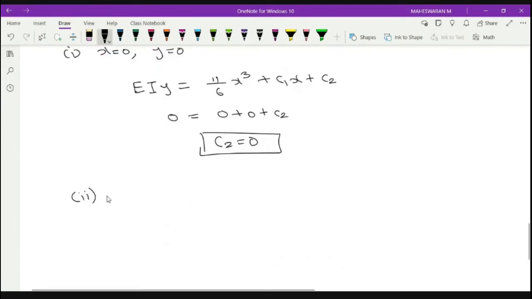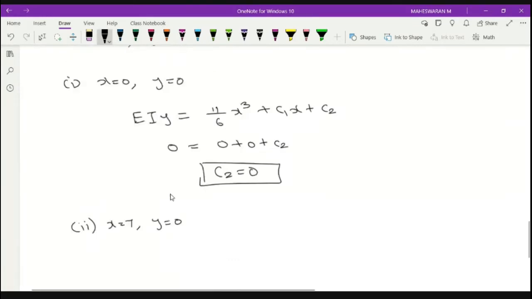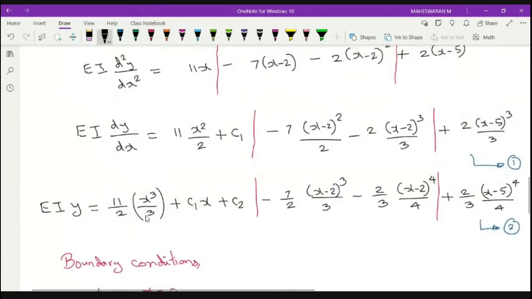Now let me apply the second condition. When x is equal to 7, y is equal to 0. When applying 7, this term is positive, so we should consider it. This is also positive, because 7 minus 2 is positive, consider this also. This is also positive, which means I have to consider the entire equation.